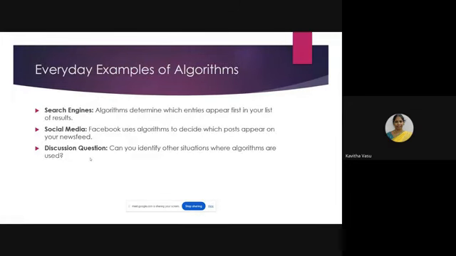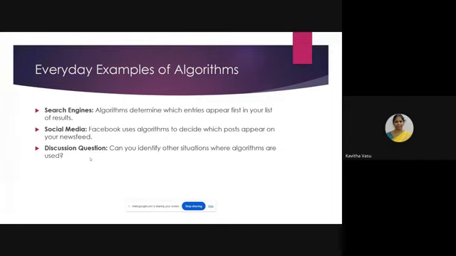Everyday examples: search engines, social media, then discussion questions. These are all everyday examples of algorithms. Search engines are an example, using algorithms to rank and display results based on relevance and other factors. Social media platforms like Facebook use algorithms to determine which posts appear on a user's feed based on their interest and activity.